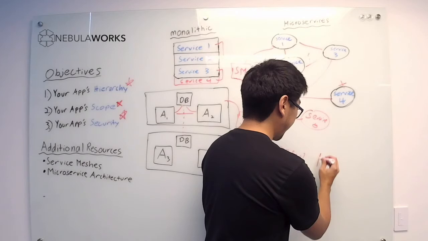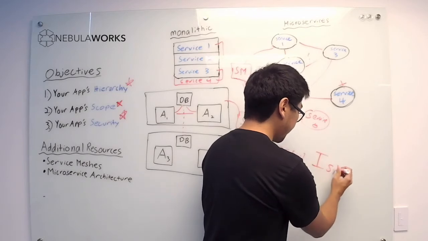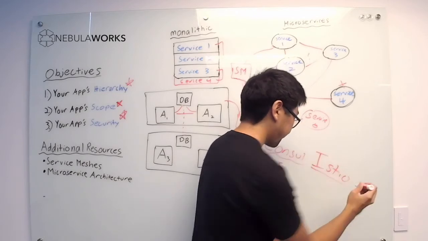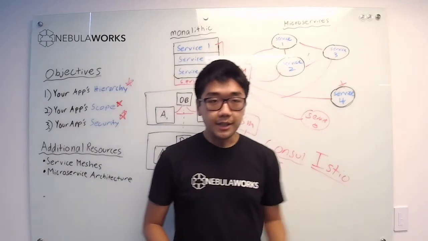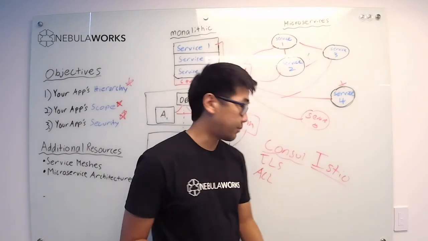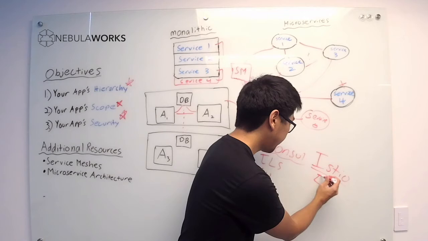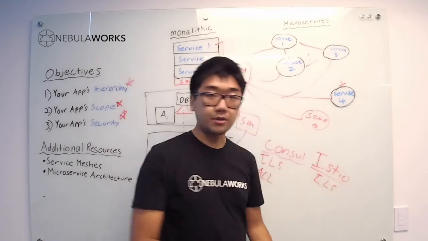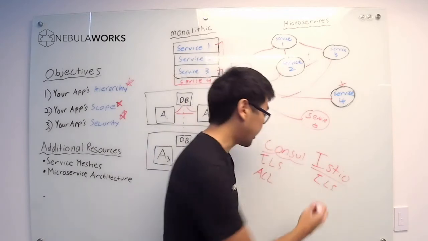Another service mesh tool that you could also use is Istio. Istio also handles its security by using TLS as well, but it also has something called an end user authentication policy.